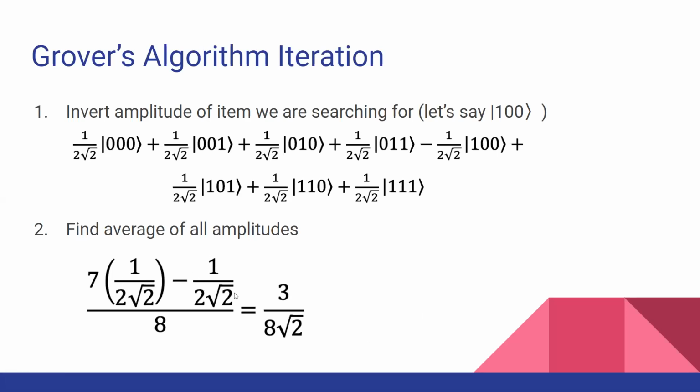Now that this amplitude is negative, instead of being 8 times 1 over 2 root 2, it's 7 times 1 over 2 root 2 minus 1 over 2 root 2. So it's equivalent to 6 times 1 over 2 root 2. And as a result, we get 3 over 8 root 2. So this is the average of all of the amplitudes.